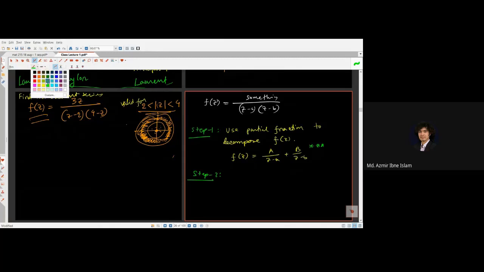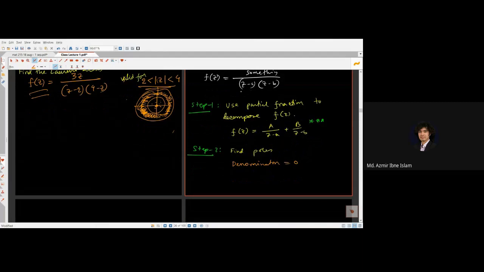In step 2, we have to find the poles again. Do you remember how we can find poles? Set the denominator to 0. So find poles. That means the formula is denominator equal to 0.